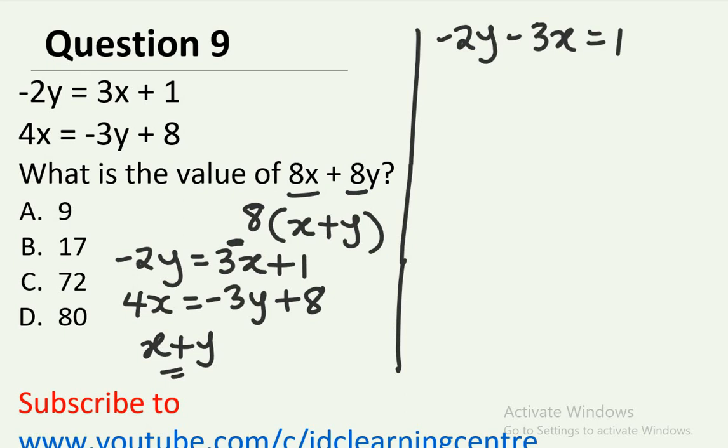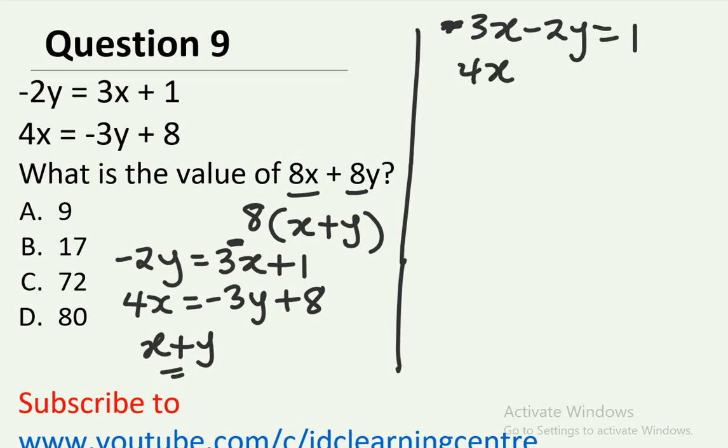So let me have the x variable first. Minus 3x minus 2y at the left hand side equal to 1. We have 4x. Move minus 3y to the left hand side, it changes to plus 3y equal to 8. I just rearrange this, moving the variables to the left and the constant I left them at the right.